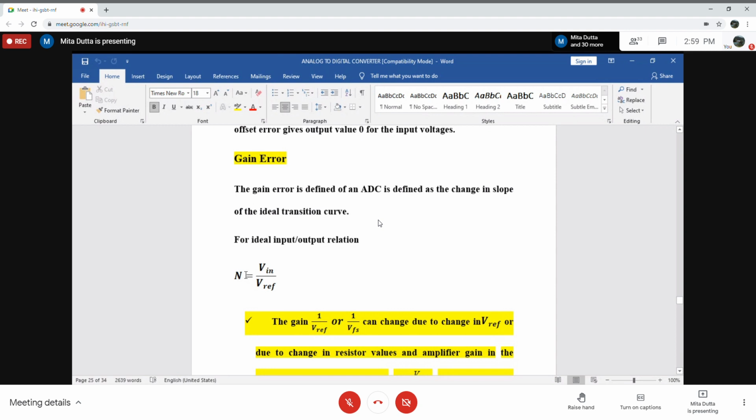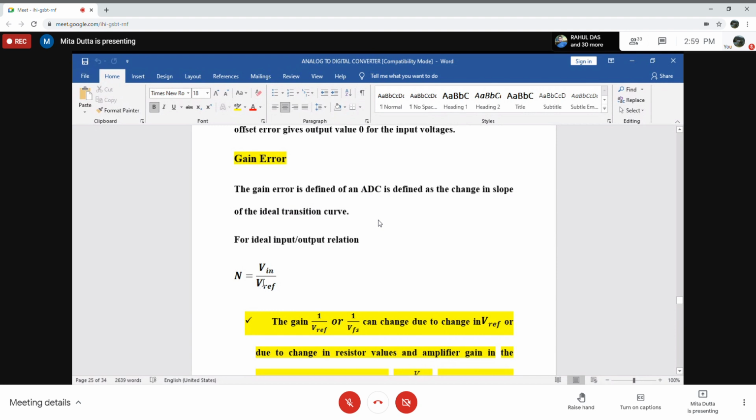That equals the sum of the digital inputs, which is V in by VREF. This we have found from the input-output equation of an ADC.